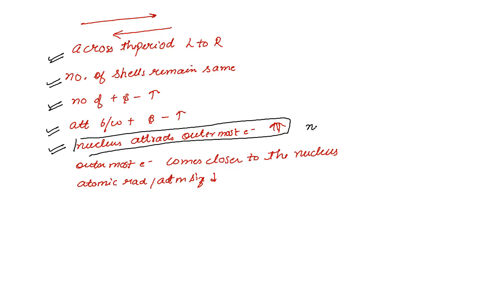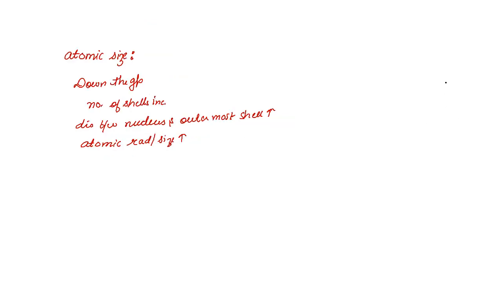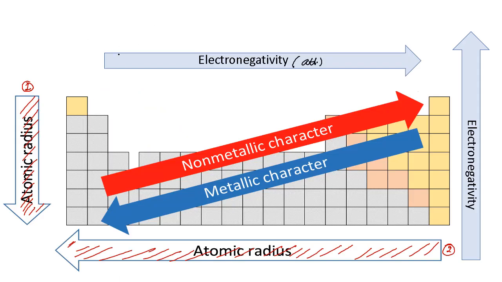That means the nucleus will have more share of the outermost electron, and hence the electronegativity increases. So in other words, if I'm going from left to the right hand side of the periodic table, we have already learned that electronegativity increases. So the third point is also clear.